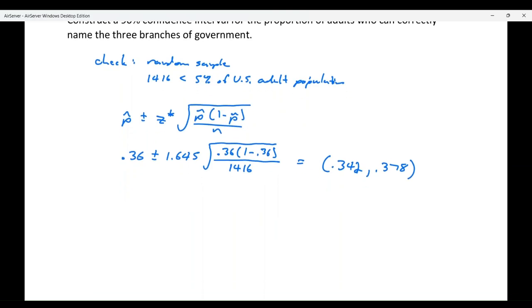All right. So again, what we would say here is that we are 90% confident. That was our confidence level.